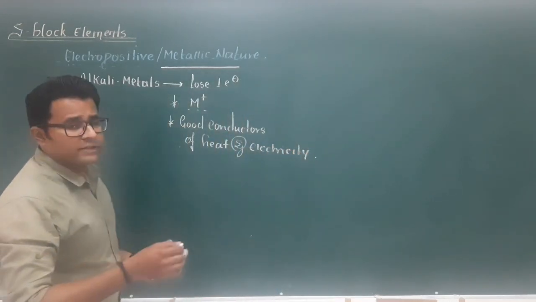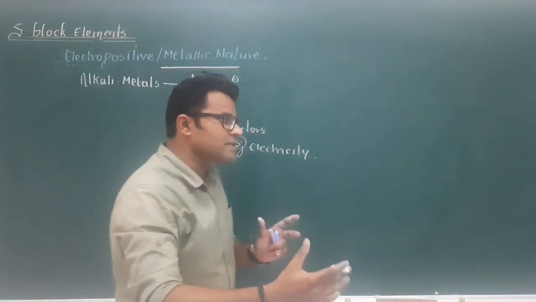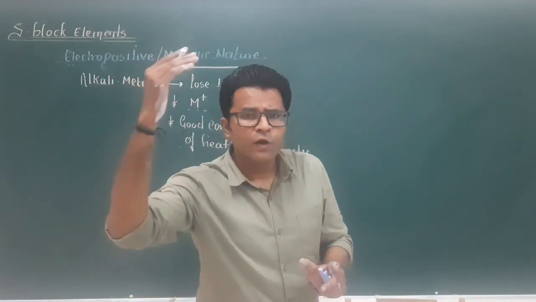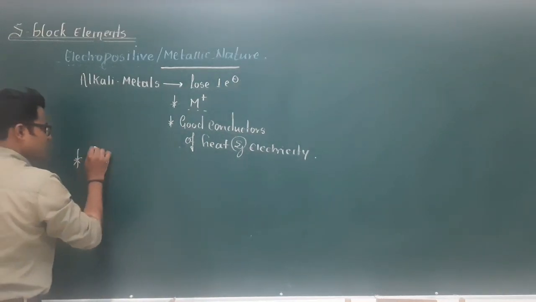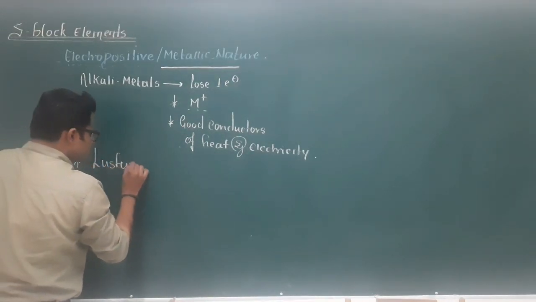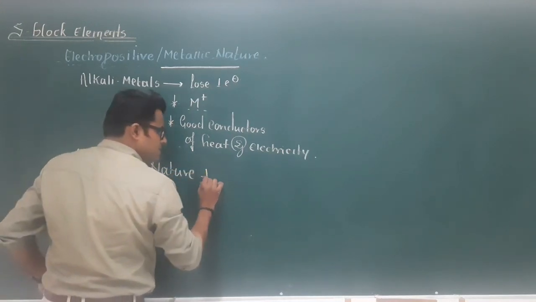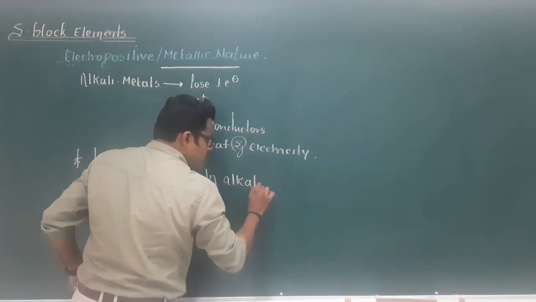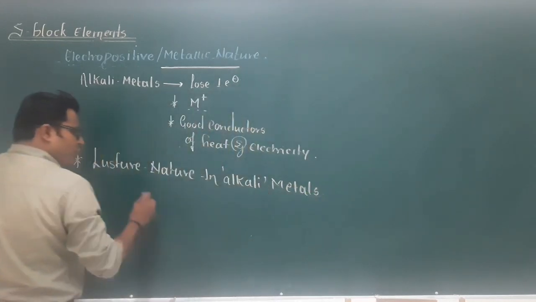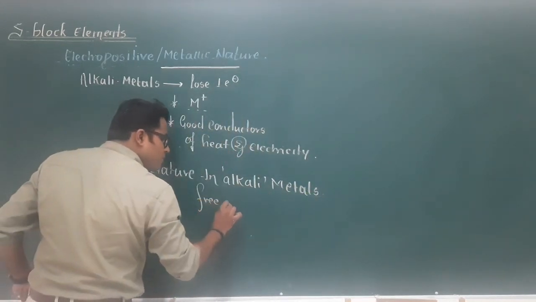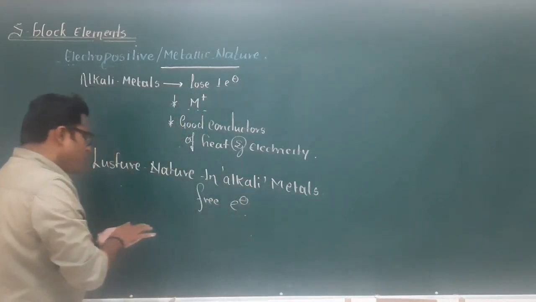The important factor about any metal is its lustrous nature. Lustrous nature, in a sense, is the shining nature of any metal. In alkali metals, the lustrous nature is all because of free electrons.